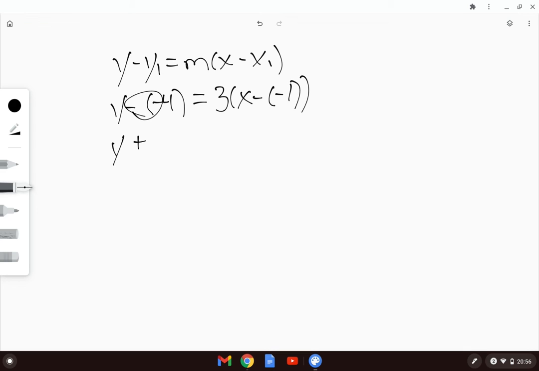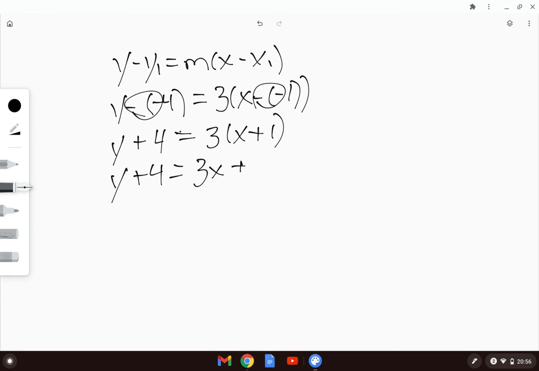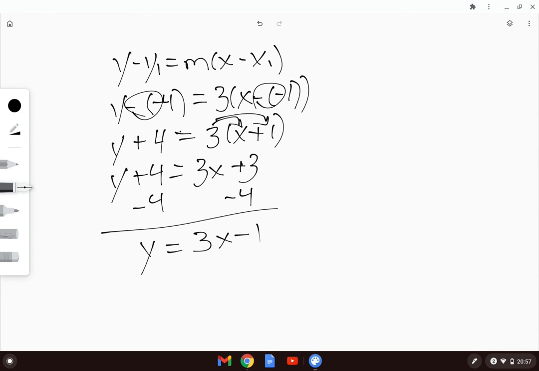So let's just clean that up, make that y plus 4, and then we'll clean that up as well. All right, so there is the equation of my secant line, y equals 3x minus 1.